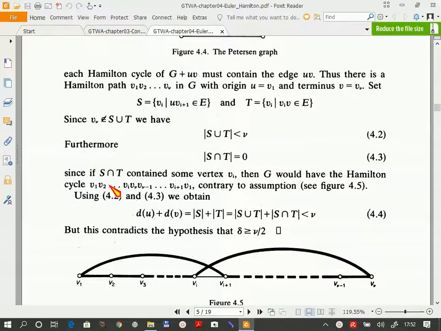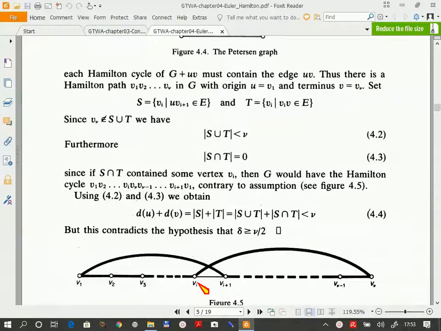Assume that there is a vertex Vi in S intersection T. So a vertex Vi like this, such that the subsequent one in the path is adjacent to V1 and itself is adjacent to Vini. Assume that such a situation occurs, so that Vi belongs to both.